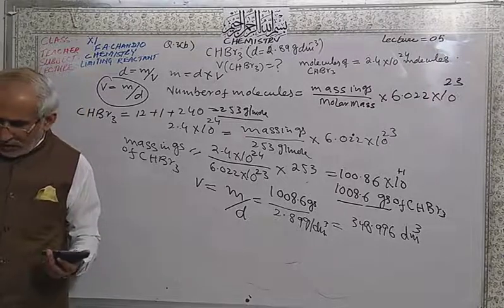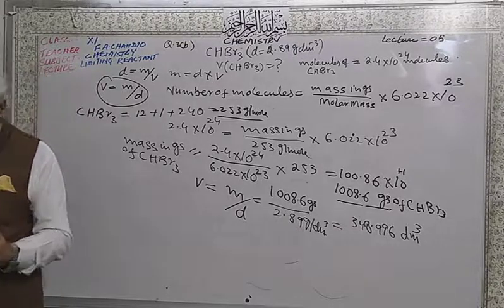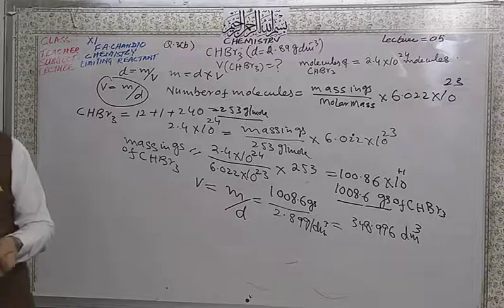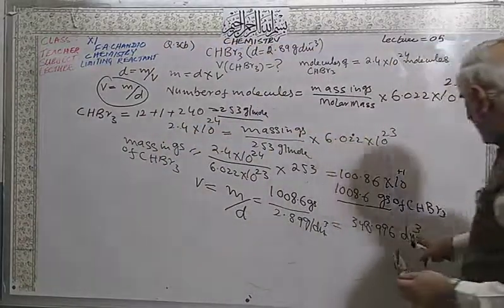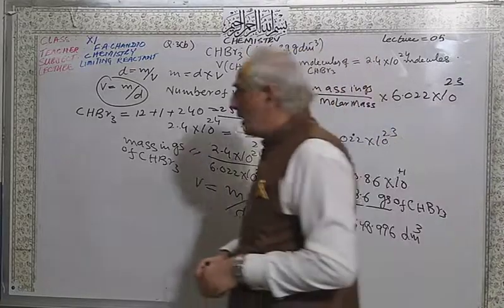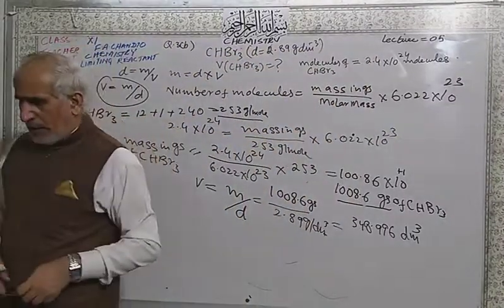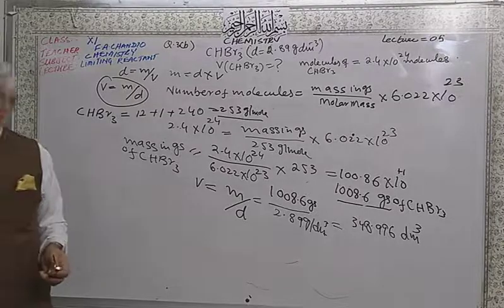Match your answer in your book, 348.4. Dear students, in your book the unit is wrong. In the book it is written centimeter cube. If you see the book exercise question number 3.b, the answer is the same, but the unit is centimeter cube.